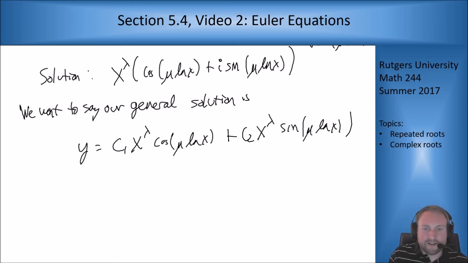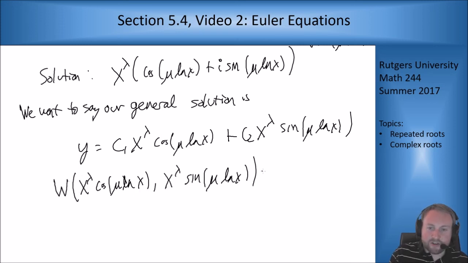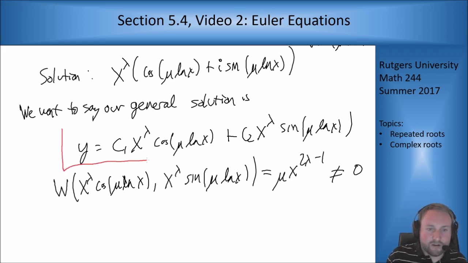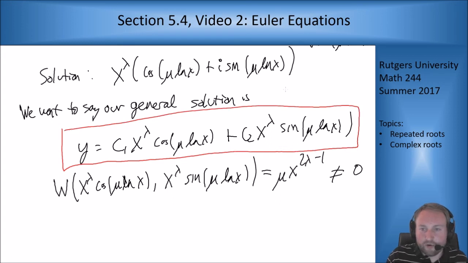Again, to say we're good, we have to check the Wronskian. If you check the Wronskian of these two, you just get mu x to the 2 lambda minus 1, which again is not 0. So we're good, and our general solution looks like this, where the roots are lambda plus or minus i times mu.